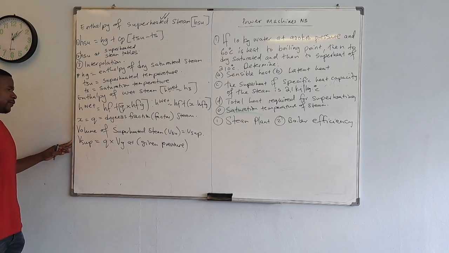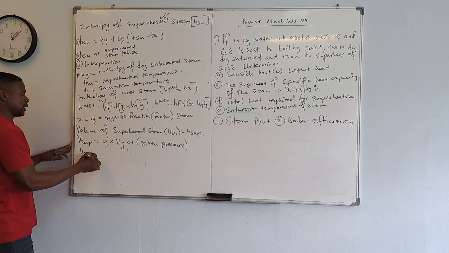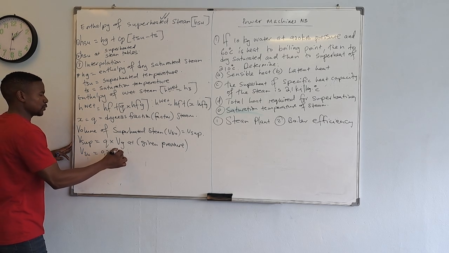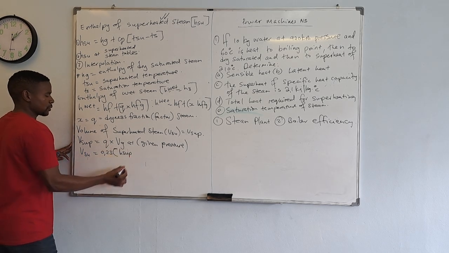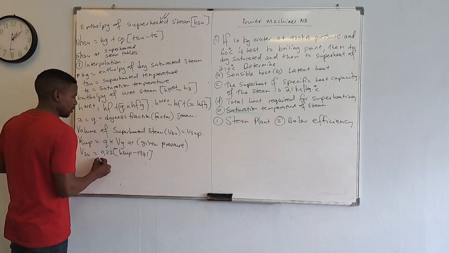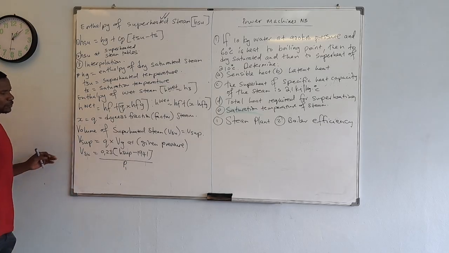And we also have V superheated equals 0.23 into our H superheated minus 1941 over our P1.